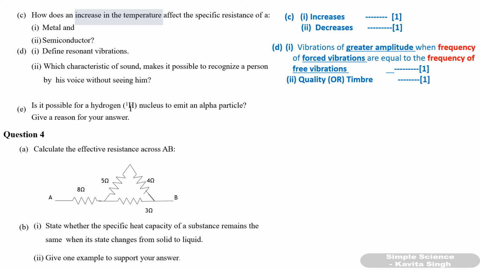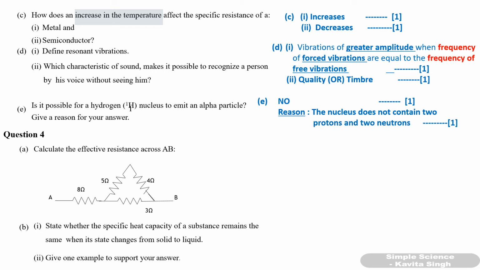So first part, is it possible for the hydrogen nucleus to emit alpha particle? So the answer is no. Okay. What is the reason? Reason is the nucleus does not contain 2 protons and 2 neutrons. What is alpha particle? Alpha particles contain 2 protons and 2 neutrons. 2 protons, that means atomic number is 2, and 2 neutrons also, that means total mass number is 4.